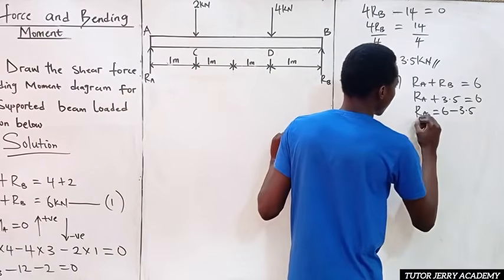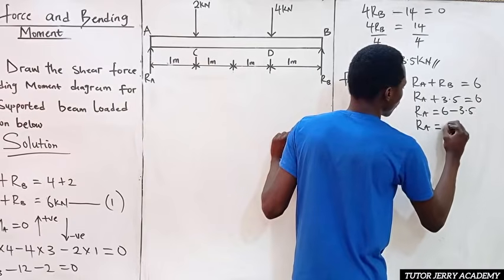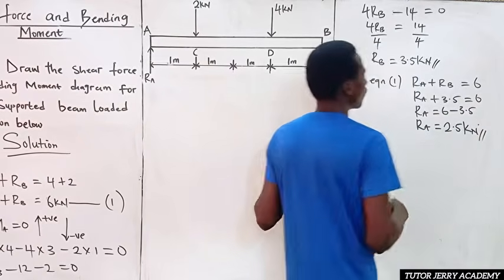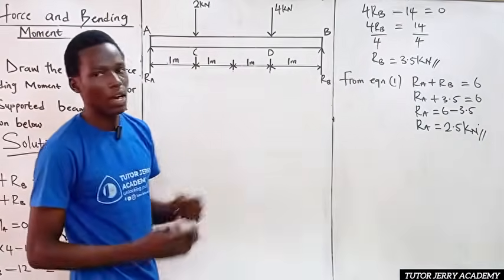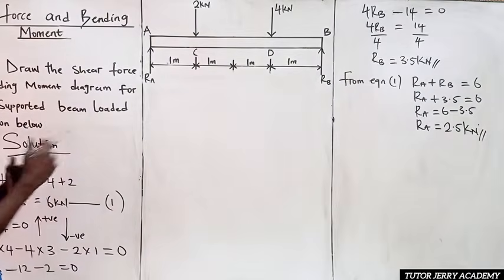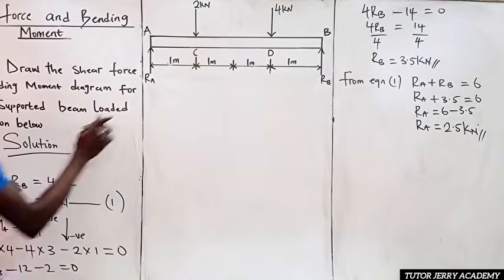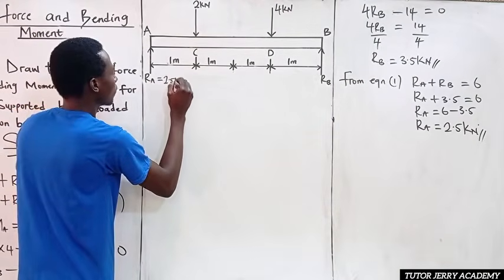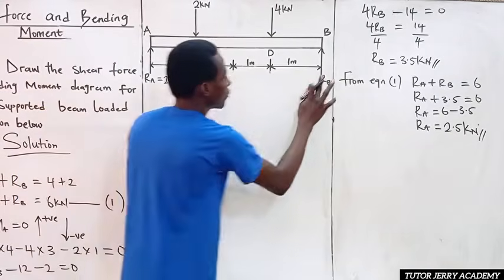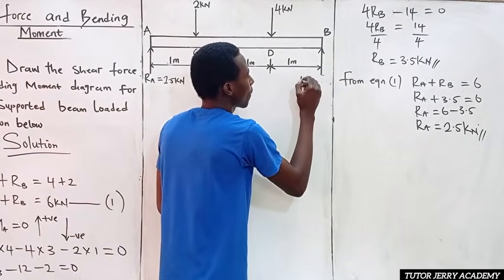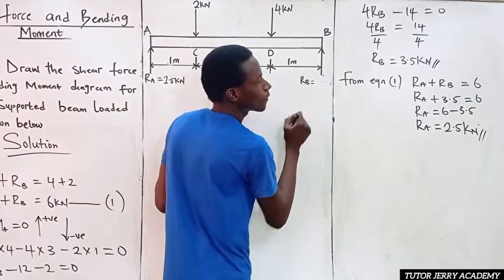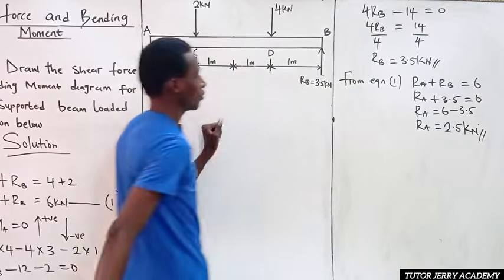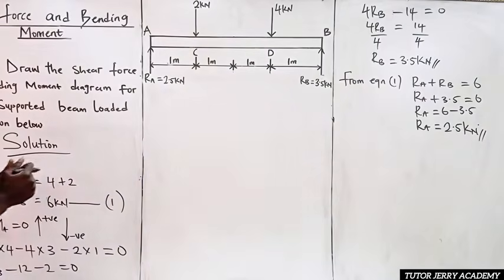So our RA will be 2.5 kilonewton. So this is our value for RA and this is our value for RB. We have our reactions now. So we can say that RA is equal to 2.5 kilonewton, and RB is equal to 3.5 kilonewton. I hope you understand even up to this point.